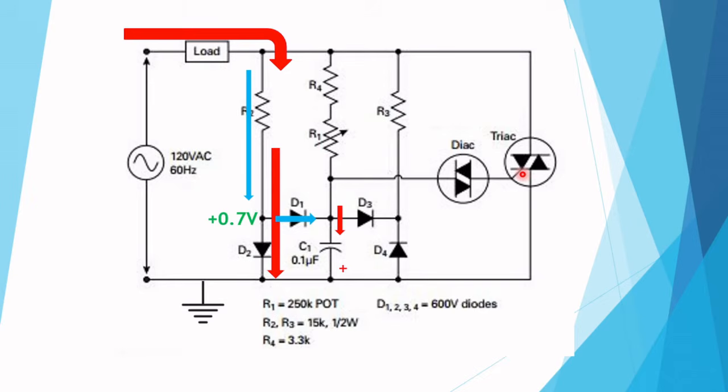On the next zero cross, C1 might have some reverse charge still stored. Again, we see that D2 is forward biased, and there will be a voltage of 700 millivolts at this node.